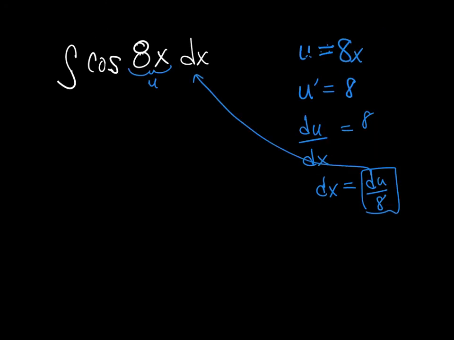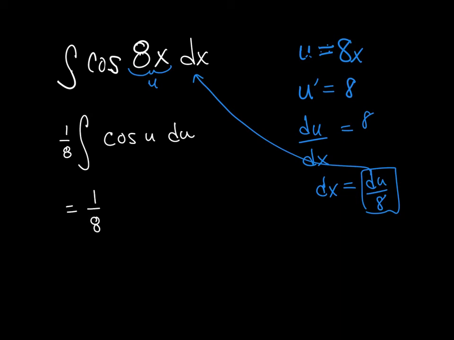So once you go ahead and identify what is u and what is dx, now like I said, I'm guessing that some of you can probably go straight to knowing that this is going to be 1/8 the cosine of u du. If you can go right to that step at this point in time, that's fine. Then I integrate that, and that 1/8 stays outside.